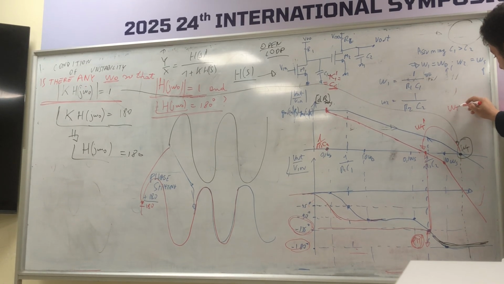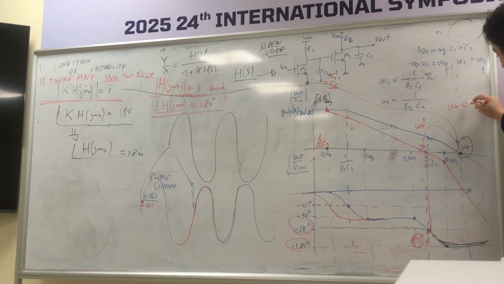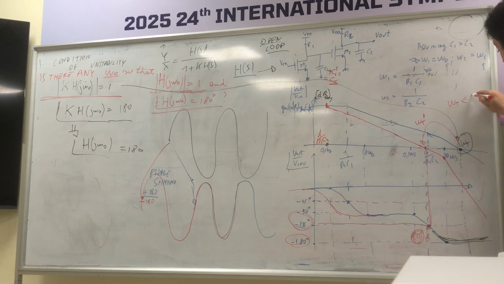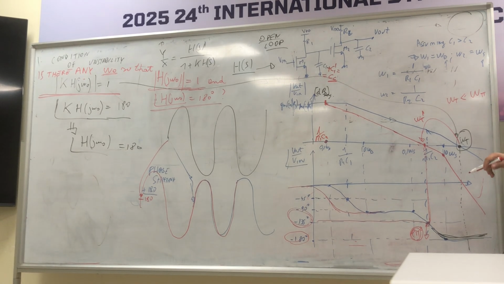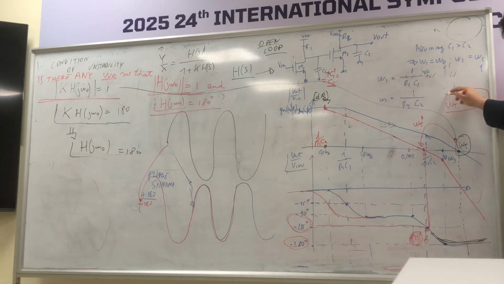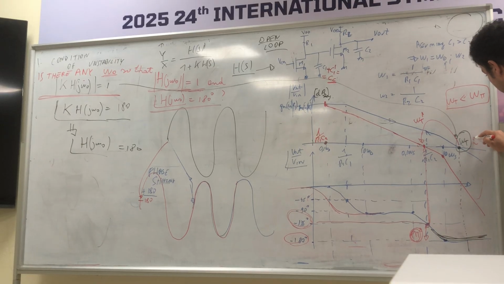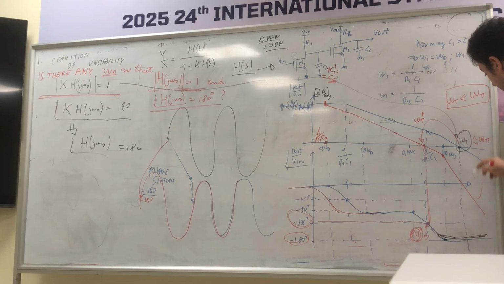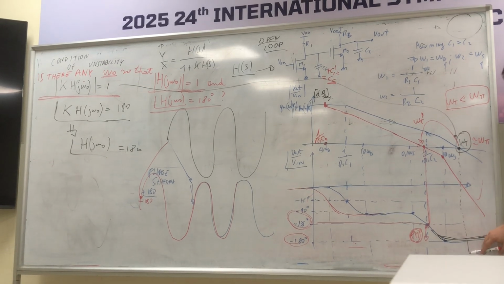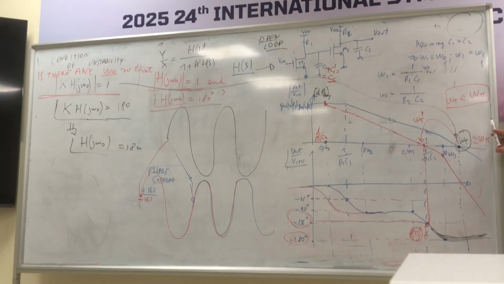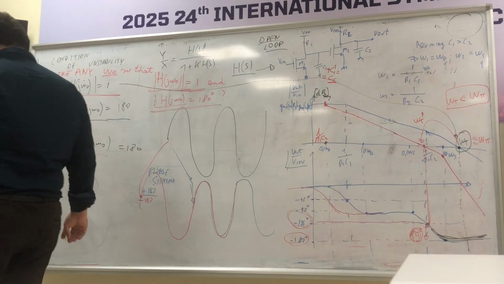Omega t needs to be always lower than the frequency for which the phase is 180. In this case, it is roughly equal to omega, the frequency for which the phase is 180. I call it omega pi.